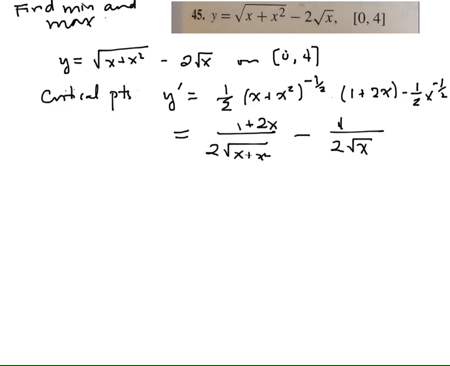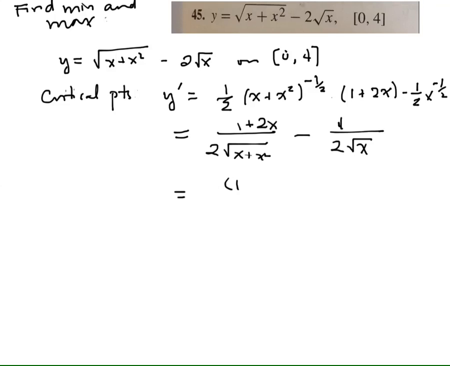Okay, and maybe I'll simplify this, try to get this to look as simple as possible. So I'll combine these two fractions. So the first one I have to multiply by the square root of x over the square root of x.